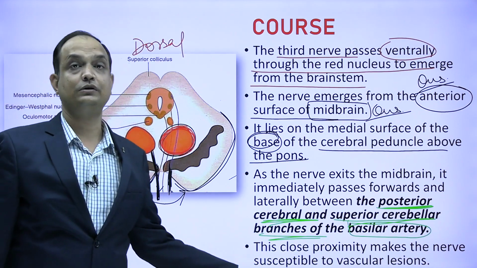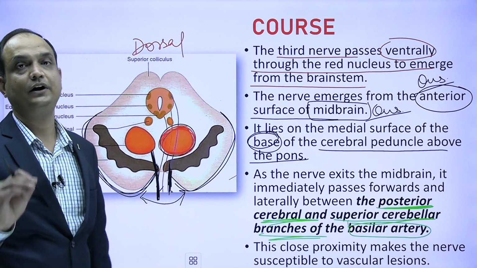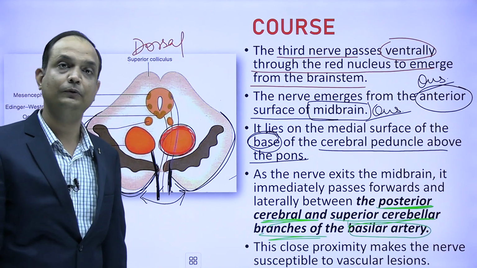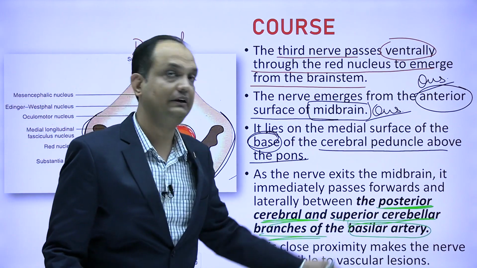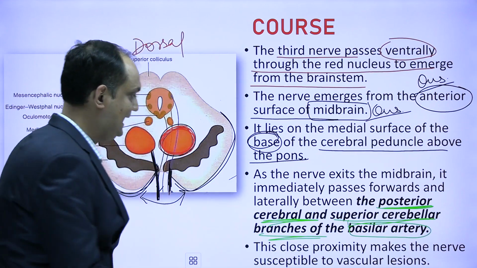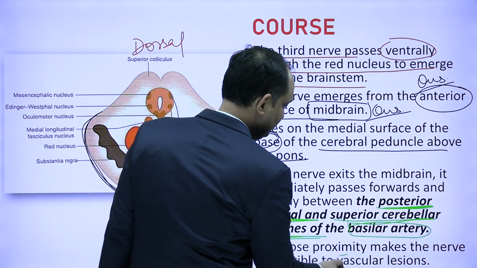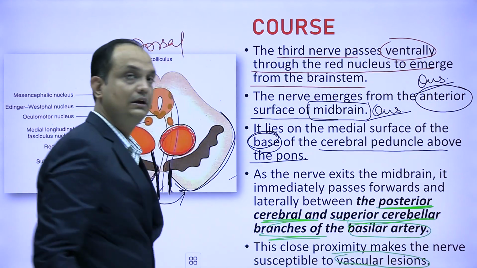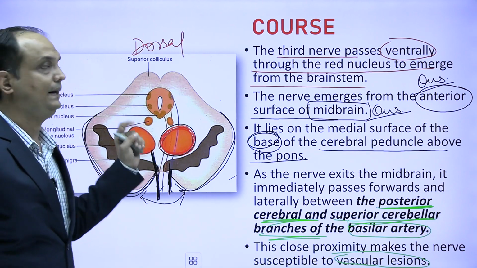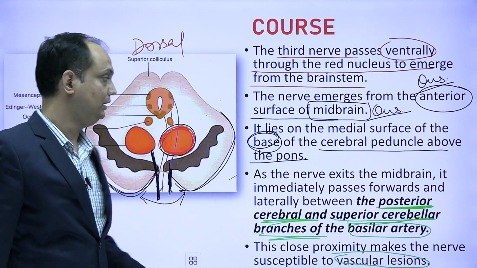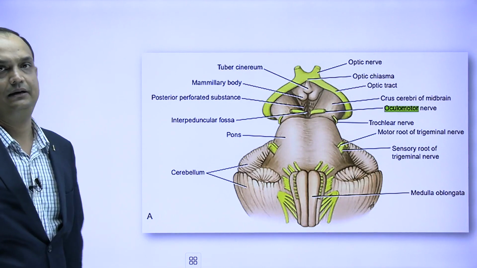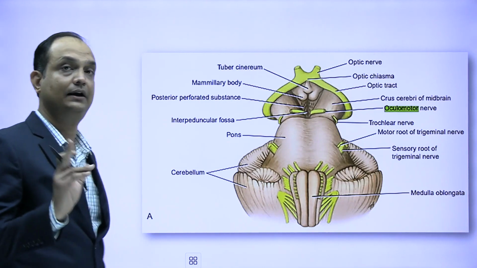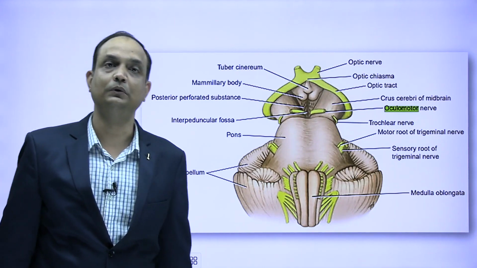This close proximity is very important from a clinical point of view, because if these arteries dilate, that is known as an aneurysm, or any kind of vascular lesion occurs, this will lead to compression of the oculomotor nerve.